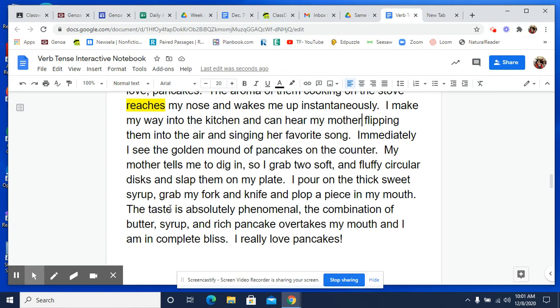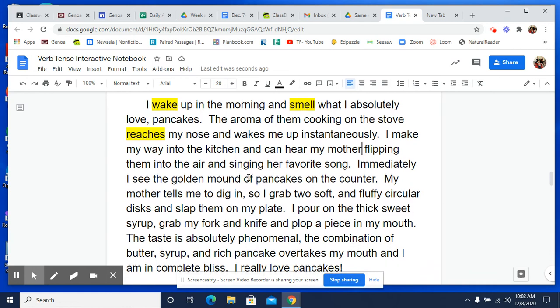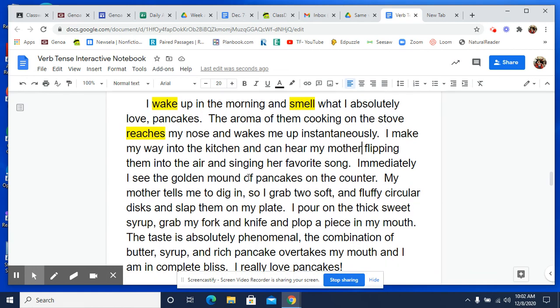The taste is present tense, absolutely phenomenal. The combination of butter, syrup, and rich pancake overtakes my mouth, and I am in complete bliss. I really love pancakes. Okay, so all of these verbs are present tense because it is happening right now.